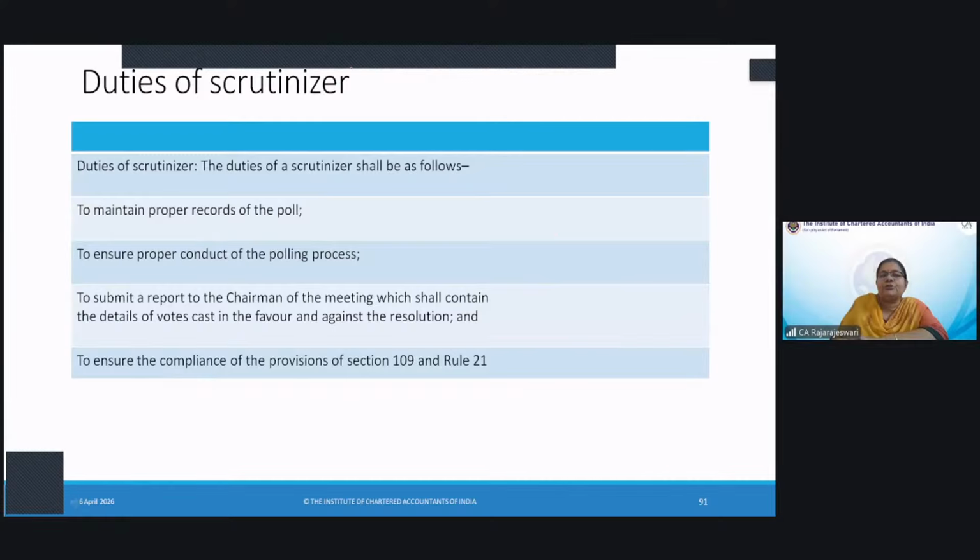And what is the duty of the scrutinizer? He should see to it that proper records are maintained. He should conduct properly the polling process. And he should submit the report, which shall contain the details of votes cast in favor and against.